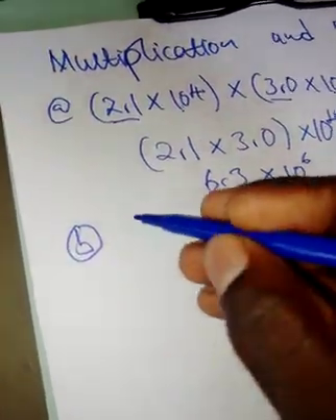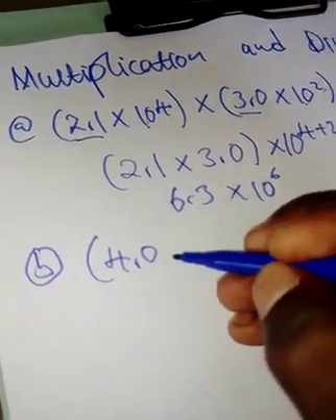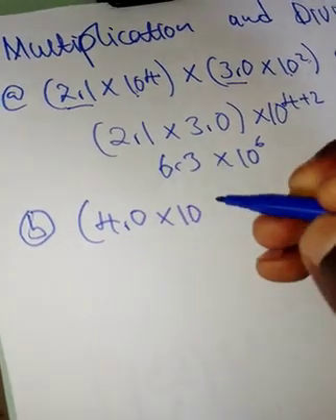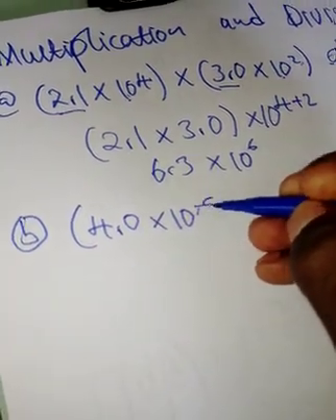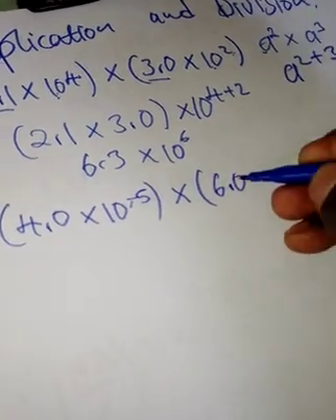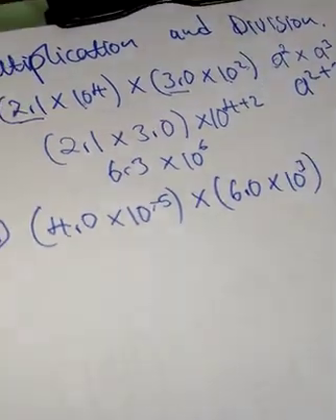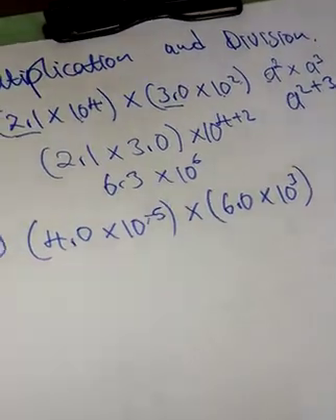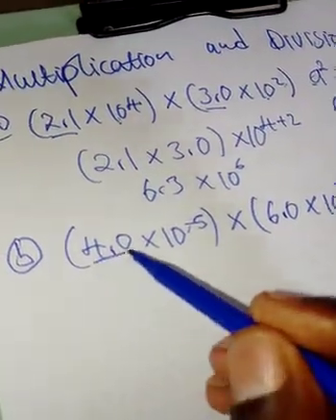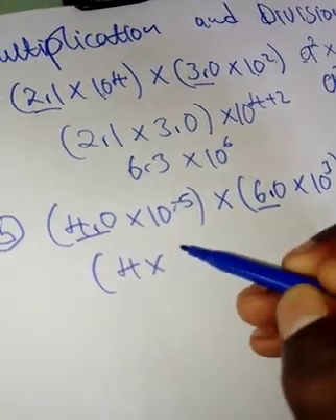For B, we have 4.0 times 10 to the power negative 5 multiplied by, let's say, 6.0 times 10 to the power 3. Okay, let's try this one. You multiply these again, so it will be 4 times 6, right?